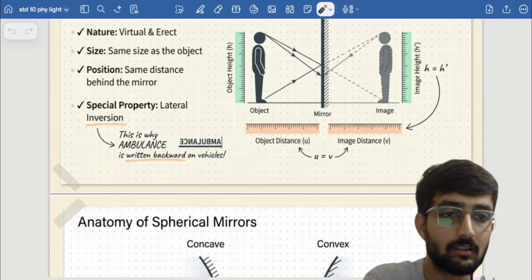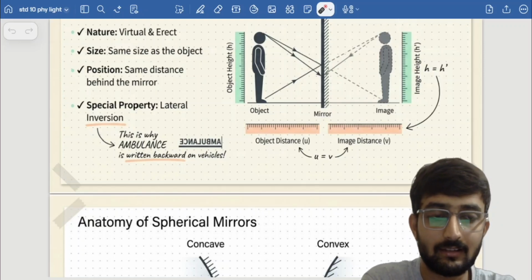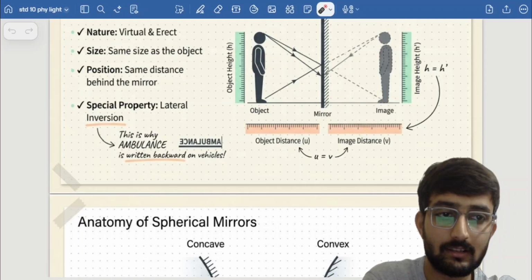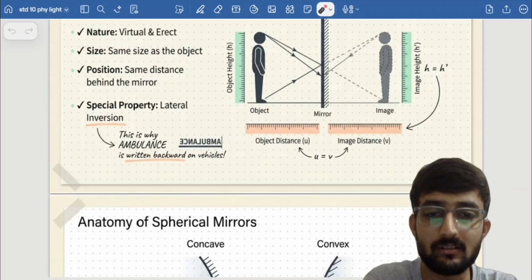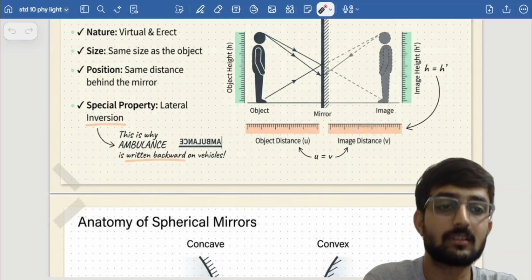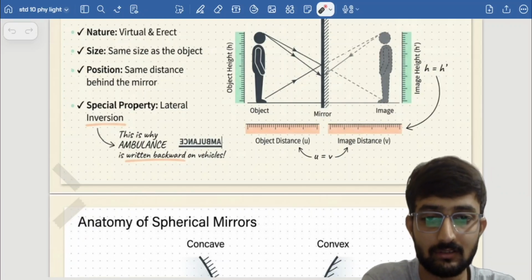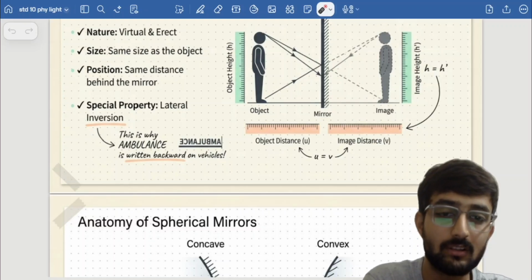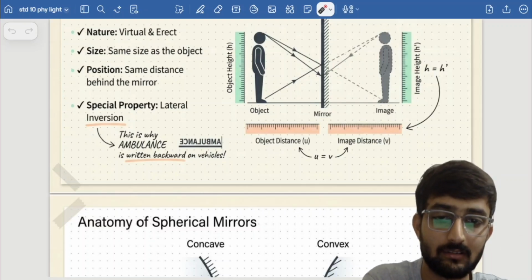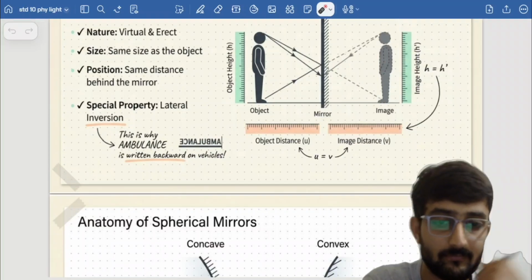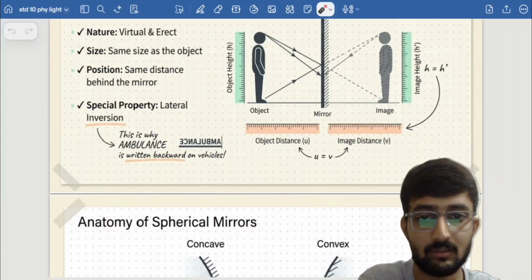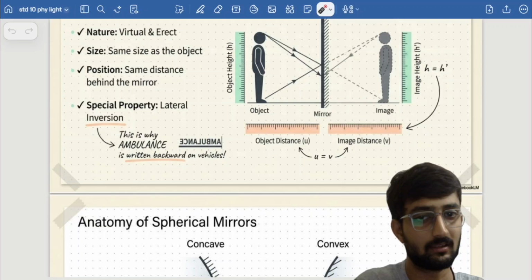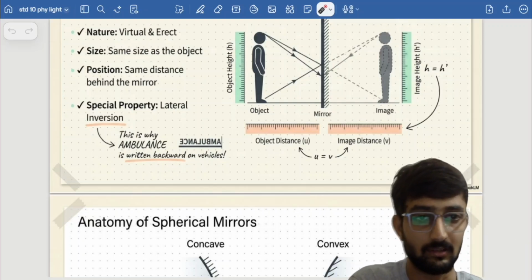Okay, the correct answer is it's so that when a driver looks in their rear view mirror, lateral inversion flips it back. Okay, that's why it is instantly readable as ambulance, so they can clear the way. That's why it is painted backward on the front of emergency vehicles in that lateral way.